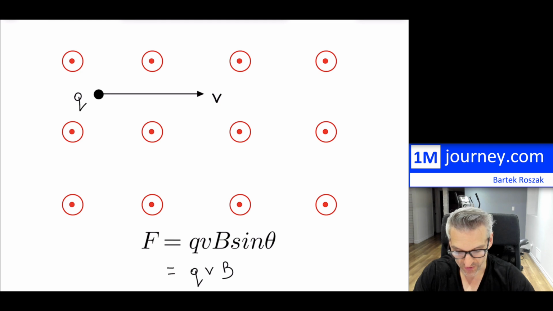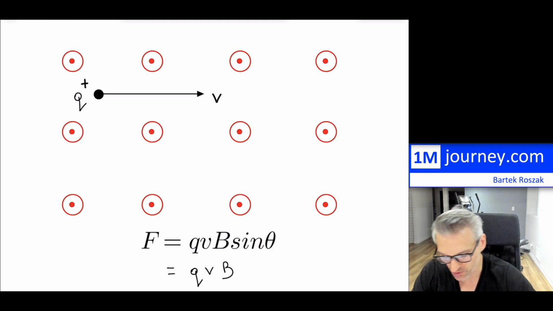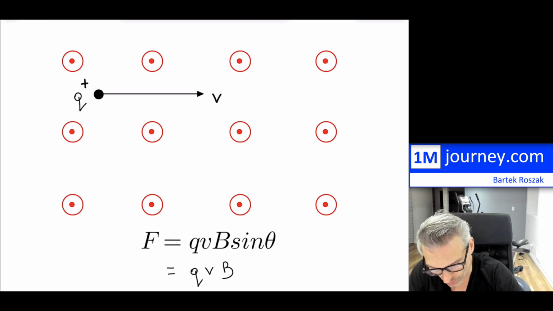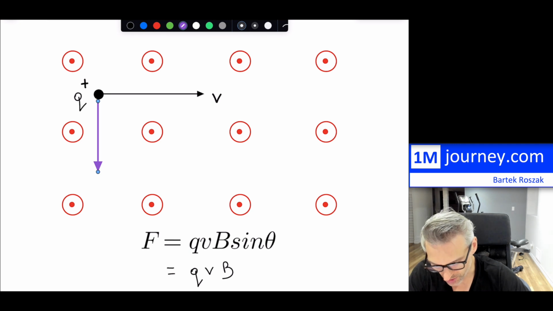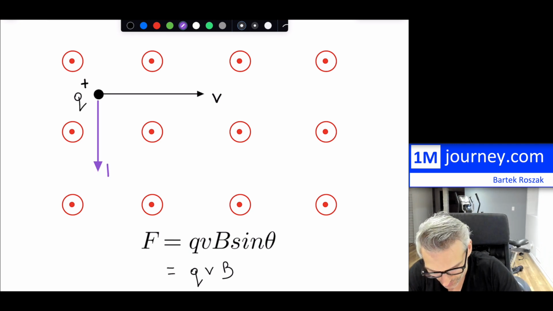So we know what that force is, and for the sake of this illustration, let's assume that it's a positive charge. We can use a right-hand rule to find out exactly in which direction that force would be present. In this case, that particular force would have been downwards, and you can convince yourself, with a positive charge, or it would have been upwards if it was a negative charge. So that is the force that is present.